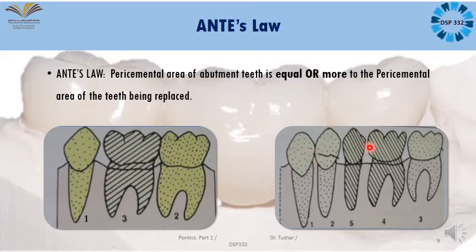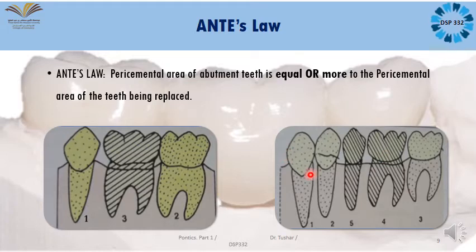And the pericemental area of our pontic is 5, because premolar 2 and molar 3 make 5. So the pericemental area of the abutments is 7 and of my pontic is 5. So it is more, and it satisfies Ante's law.